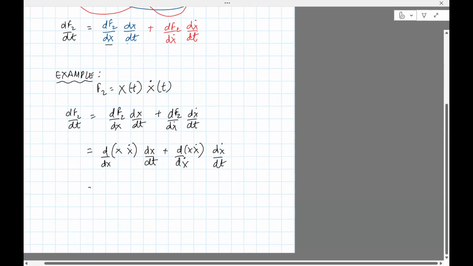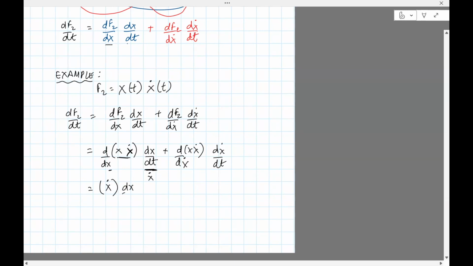Okay, now is the time when we do the derivative. Since the first one is taking the derivative with respect to x, you treat x dot as a constant. So the derivative of a constant x dot times x is going to be x dot. And then dx dt is also x dot. So it'll be x dot. And then when I do the second part, I need to take the derivative with respect to x dot, which means I treat x as a constant.